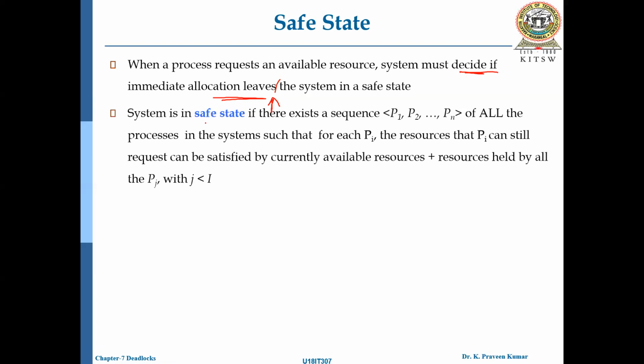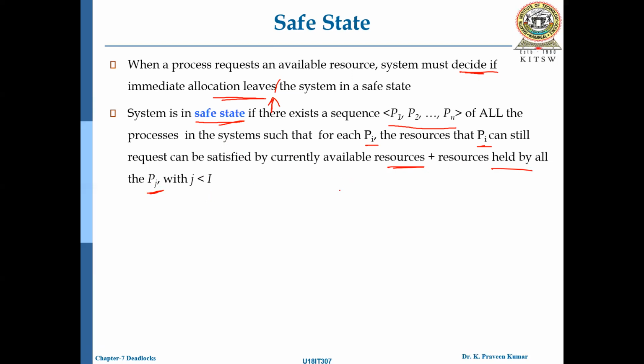The system is in a safe state if there exists a sequence P1, P2, P3 and so on, Pn of all the processes in the system, such that for each Pi, the resources Pi can still request can be satisfied by currently available resources and resources already held by all the Pj.